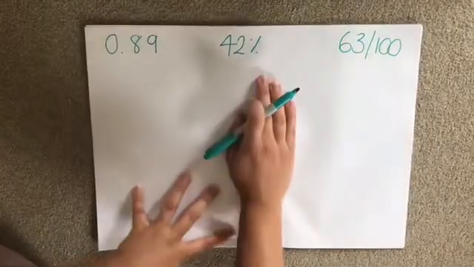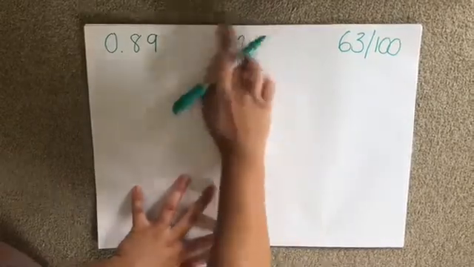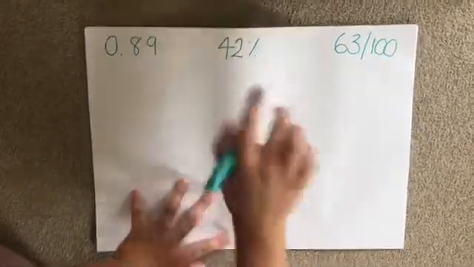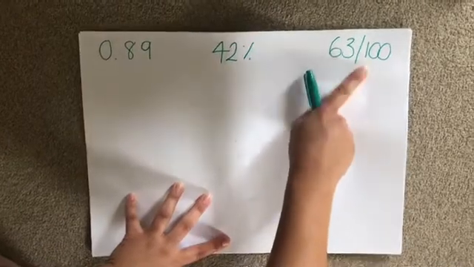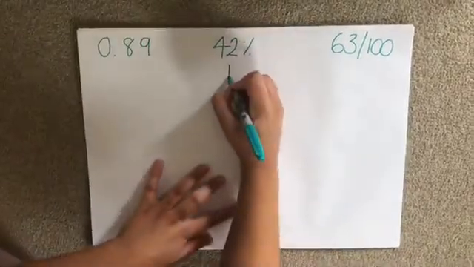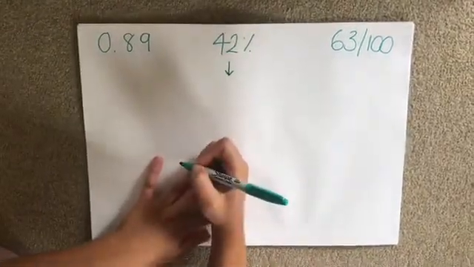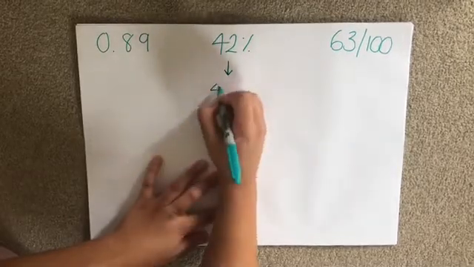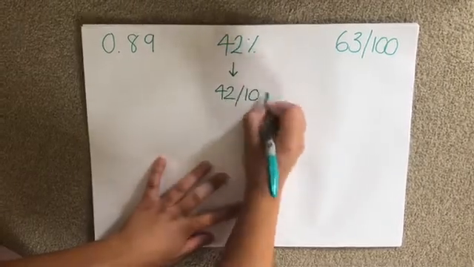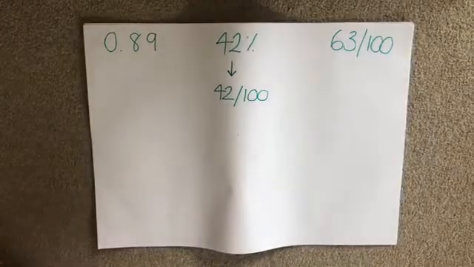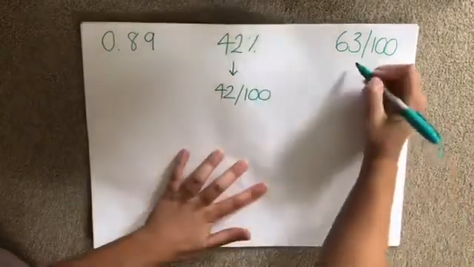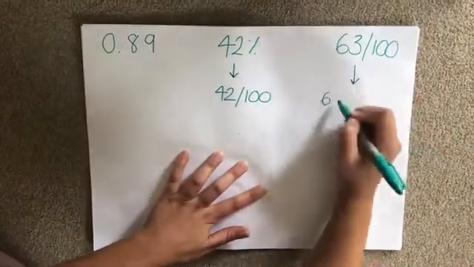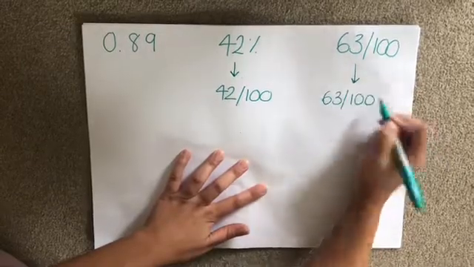So remember, from day 1, a percentage is out of 100. So I'm going to leave this one here because I can see that's already out of 100, and I'm going to change this percentage into a fraction. So this now becomes 42 out of 100 because percentages are out of 100. This one stays the same, so we're just going to bring that one down. 63 out of 100.